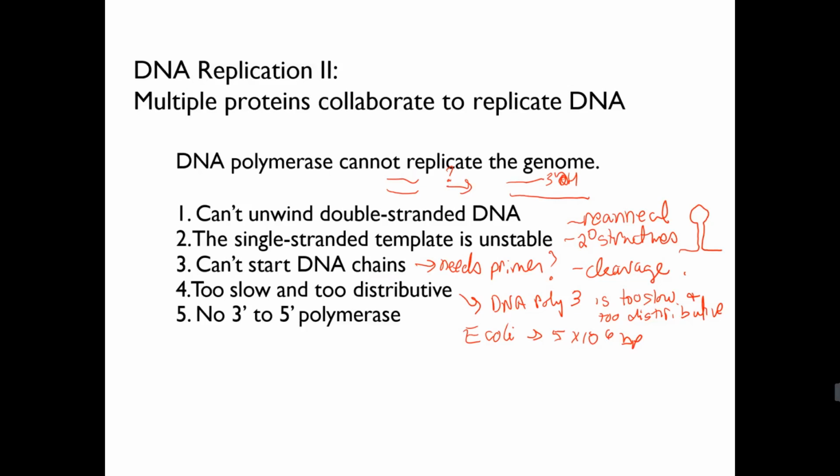The rate of synthesis for poly 3 in vitro is approximately 200 nucleotides per second. And this thing is really cranking, so that means you need 25,000 seconds, and you divide this by 2 because there are 2 replication forks.